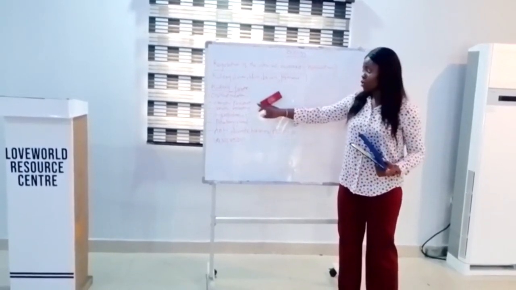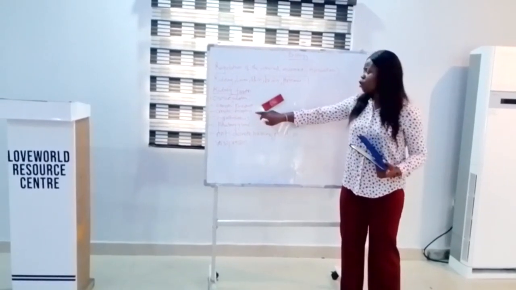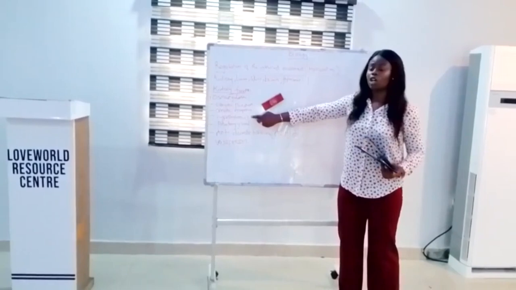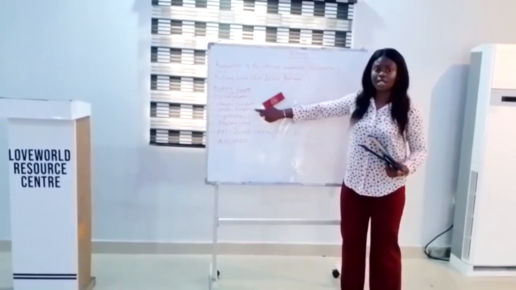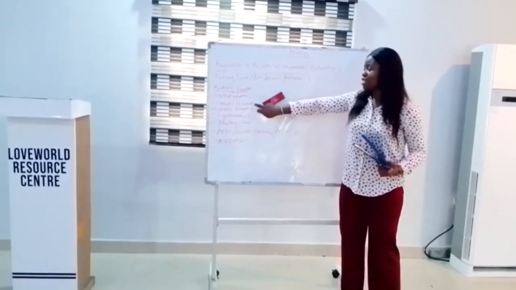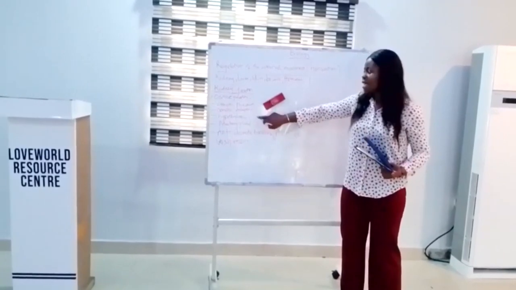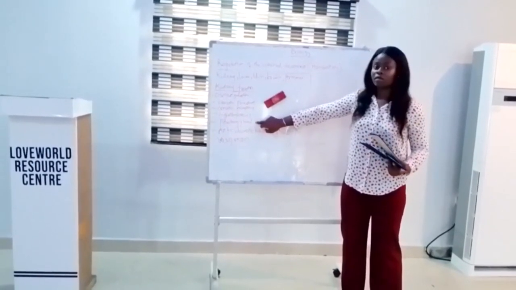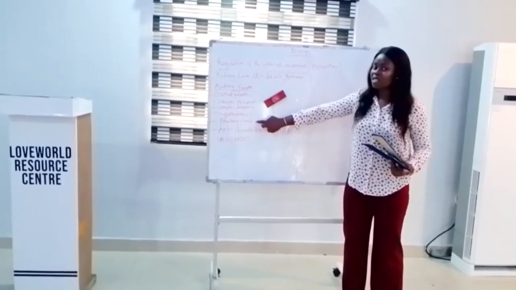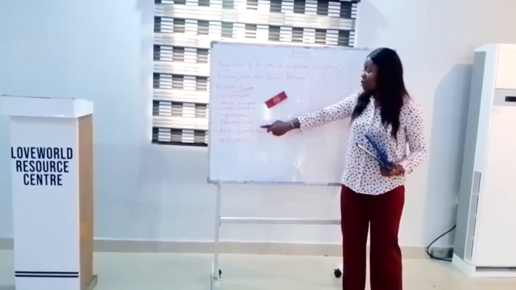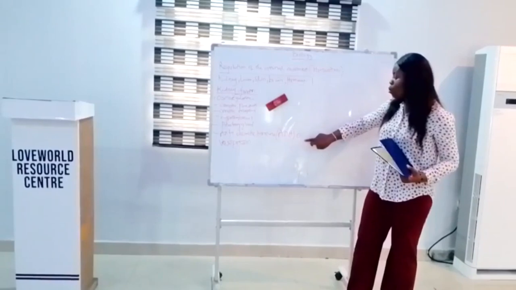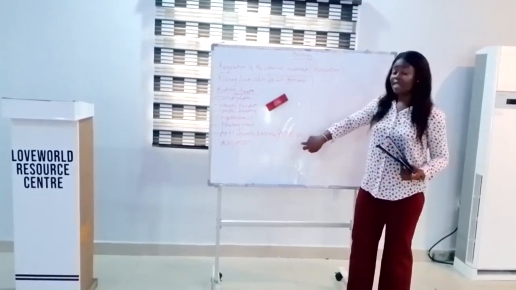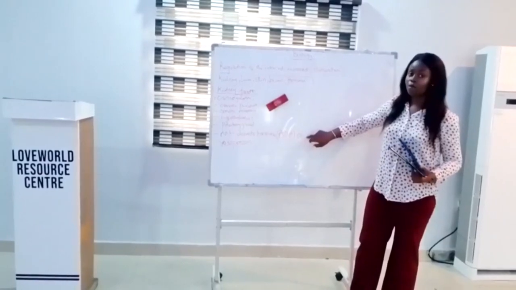And then the osmotic receptors, which are found in the hypothalamus, are notified that there's a change in osmotic pressure. And immediately, these osmotic receptors stimulate the pituitary gland. And then the pituitary gland secretes this hormone, which is called the antidiuretic hormone or vasopressin.